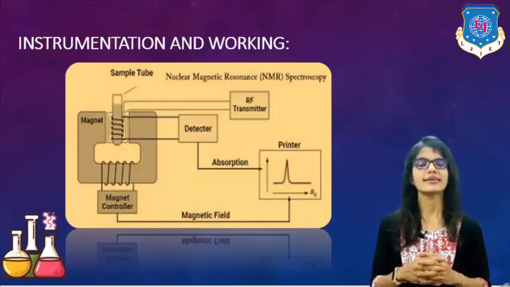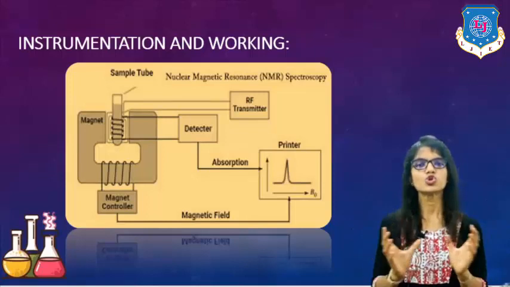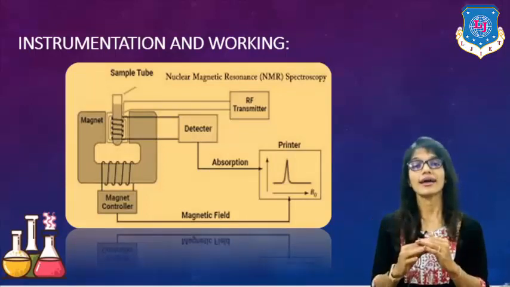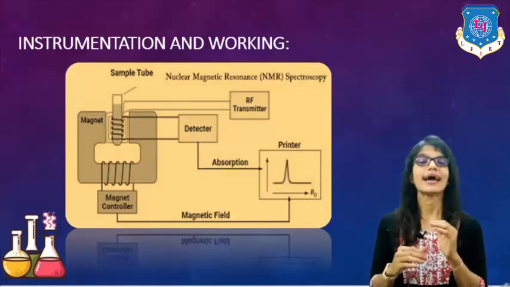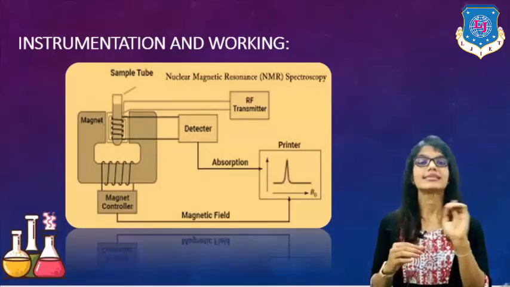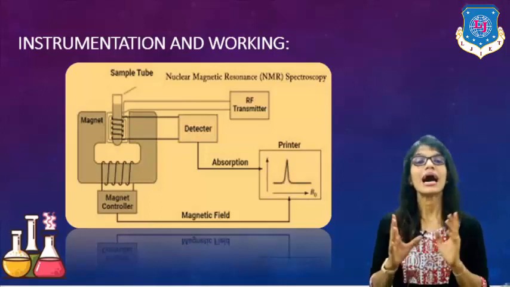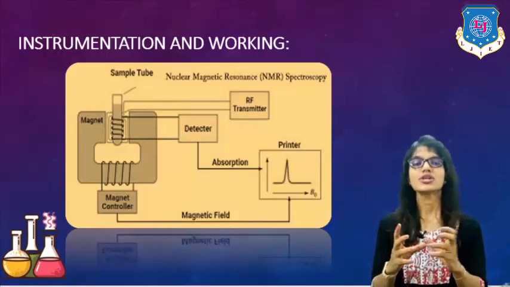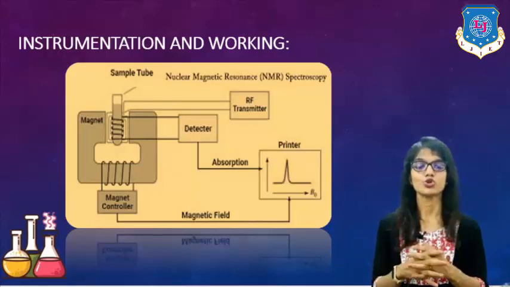Now as you can see it here, a huge magnet, a strong magnet is taken. In that we have our sample tube. That particular sample tube is rounded or coiled by RF or RF transmitter. So RF coils are just wrapped on the sample tubes, right?